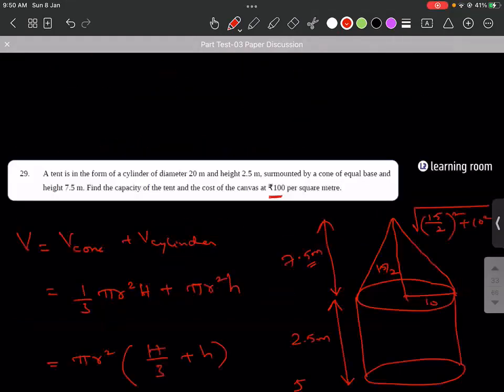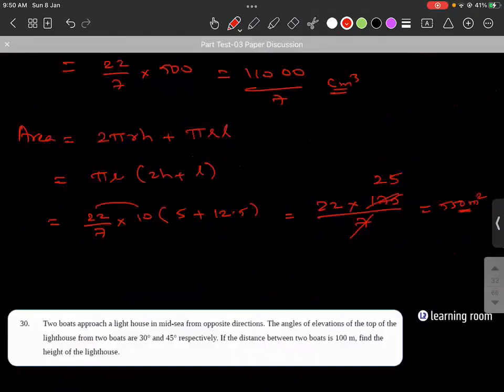So 550 meters square into 100 will give you the cost. Which problem is that? 29th. 550 into 100, 55,000 rupees. Got it? Yes, sir.